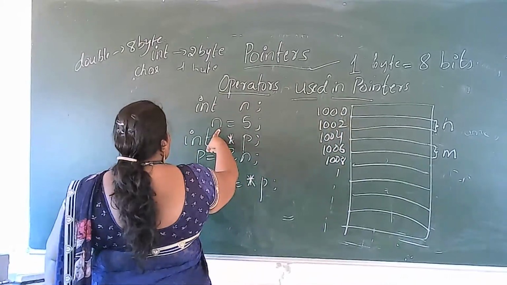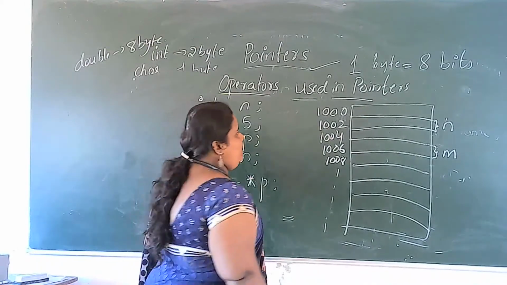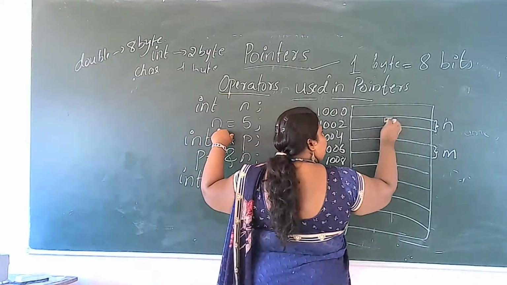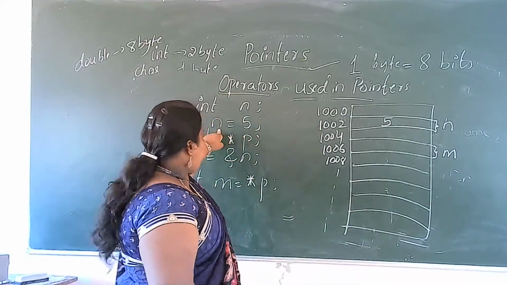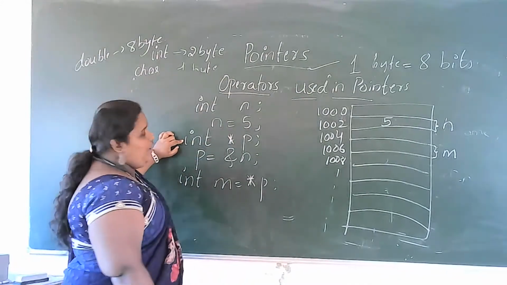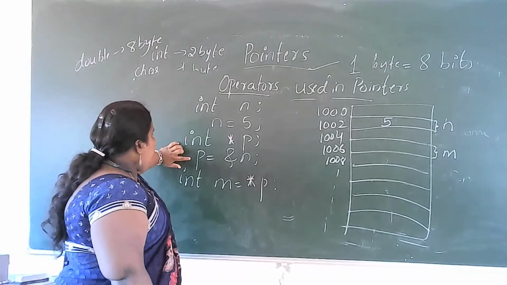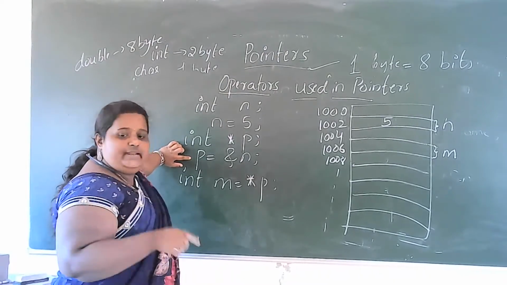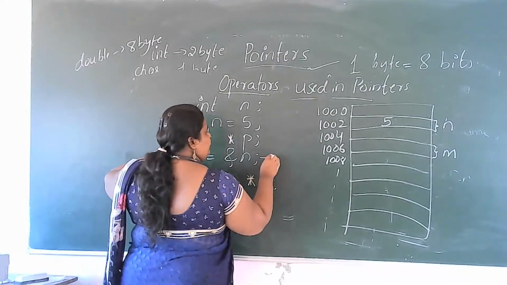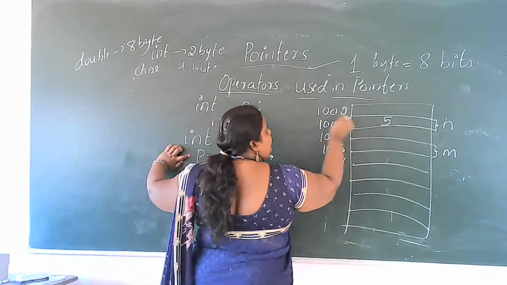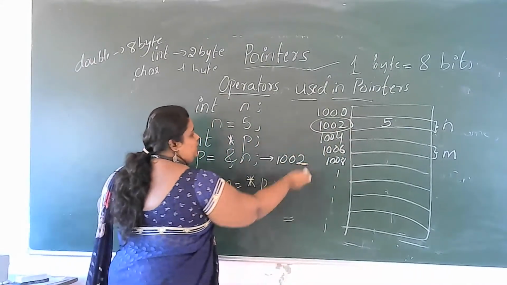Here n equal to 5, I have stored 5 in n. I am declaring a pointer variable and storing the address of another variable in that pointer. Ampersand n means the address of n is stored, that is 1002.